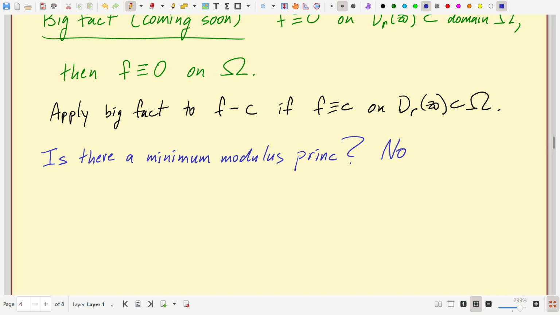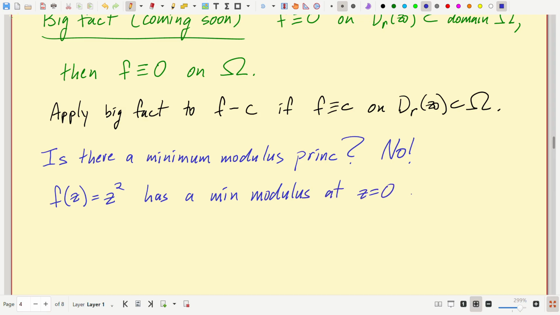No, there isn't. If I take f of z equals z squared, for example, it has a minimum modulus at 0. But it's not constant on the complex plane, or the unit disk, or any domain that contains 0.